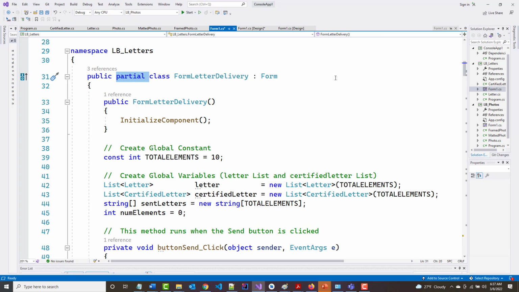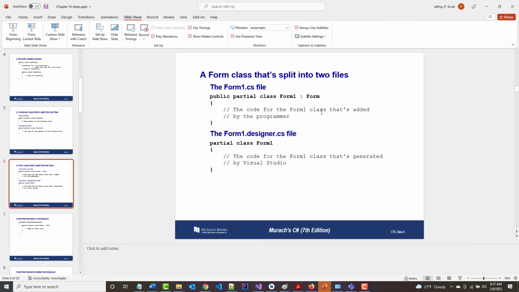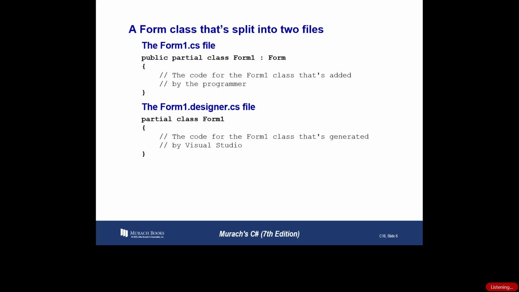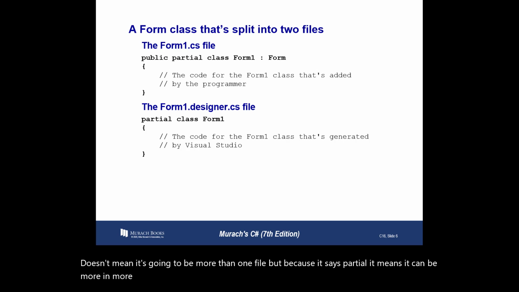Partial literally means that it's possible that rather than having a class be in one file, it can be in multiple files. Just because it says partial doesn't mean it's going to be more than one file, but because it says partial, it means it can be in more than one file. All right? Okay.